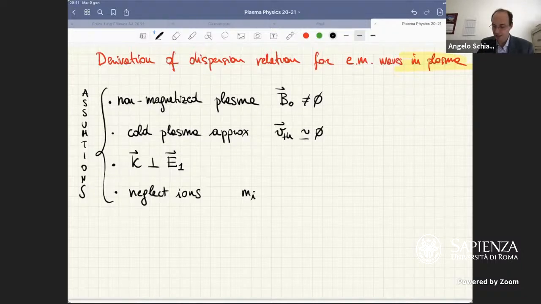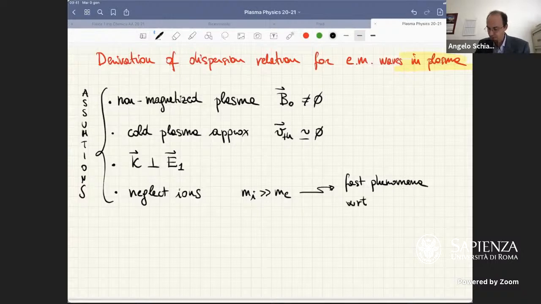And so we say that these wave phenomena are very fast with respect to the ion characteristic time.